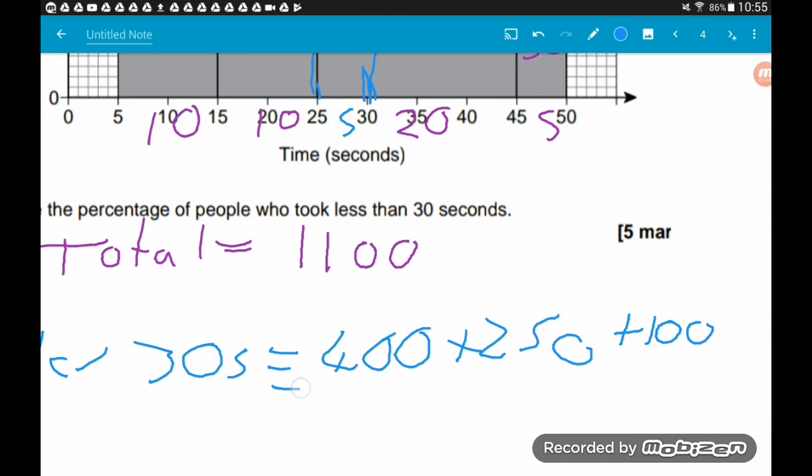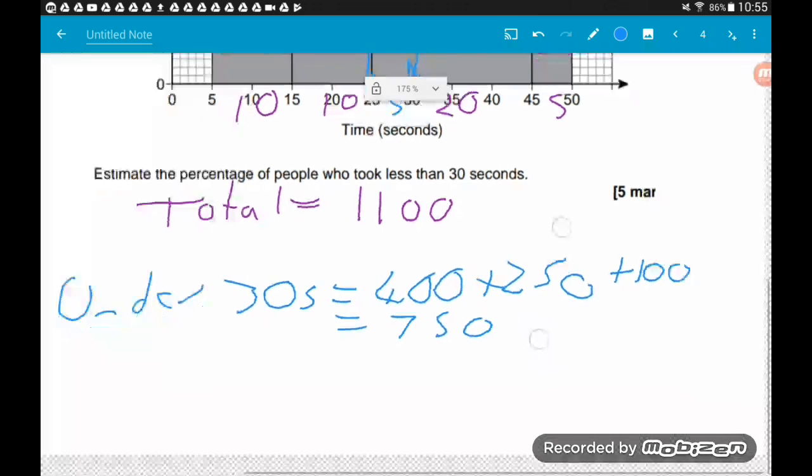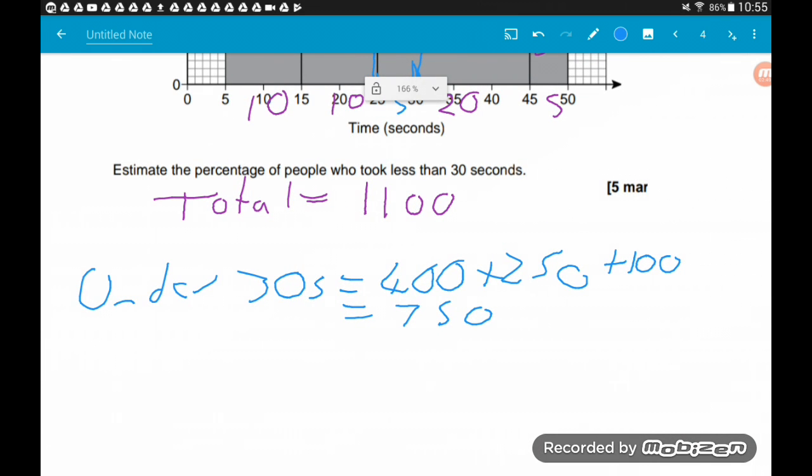So if we add that together, then we've got 400 add 250, which is 650, add 100 is 750. So our estimate for the number of people that took less than 30 seconds is, as a fraction, 750 out of 1100, like that.